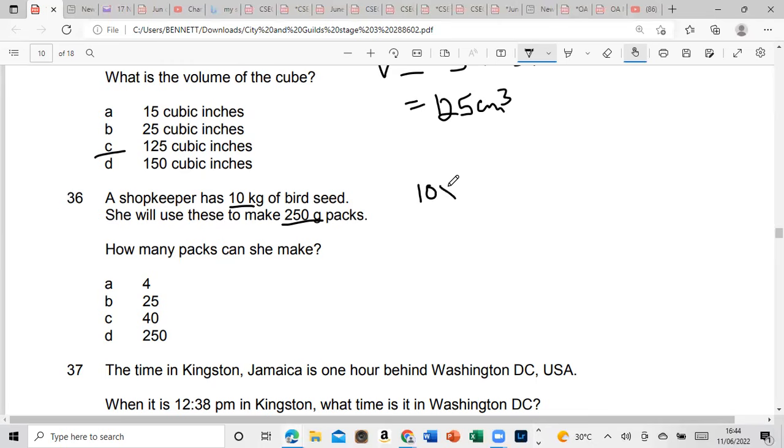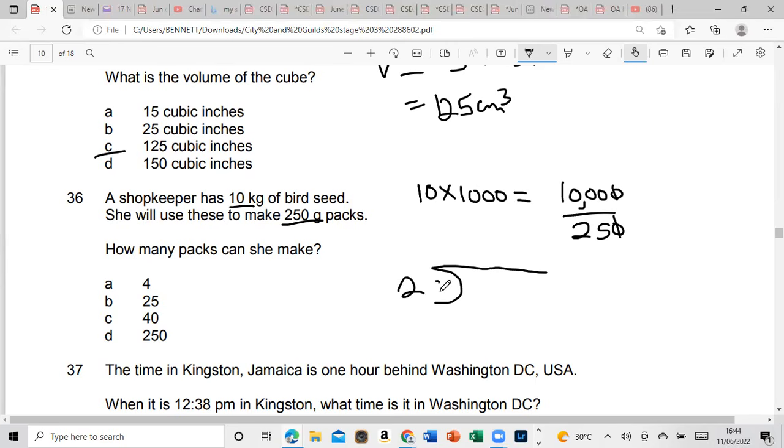So we're going to multiply the 10 by 1,000. That's the easiest way, right? So that's just 4 zeros. So we have 10,000 and we have 250. 25 into 1,000 is 40. So it's 40 then.